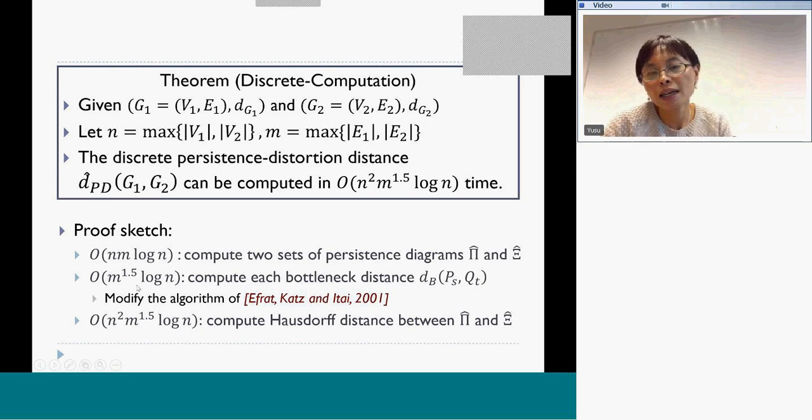Putting everything together, once we know all pairwise distances between the image sets phi and psi, we can compute their Hausdorff distance in n squared times n to the power 1.5 log n time. Okay, this is the discrete case, and it's easy.